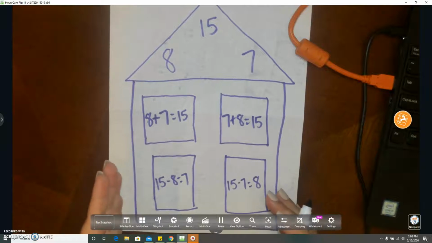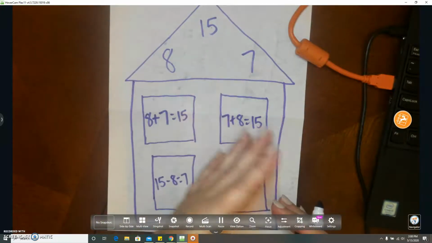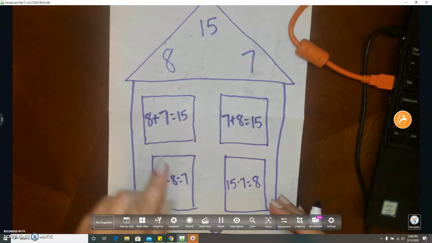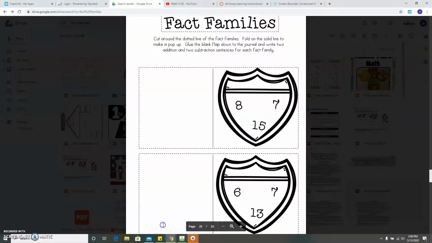So what I want you to do is take a paper, any paper, ask your mom, draw the house, and I want you to use, let me show you what I want you to use. I want you to use 6, 7, and 13. Okay, those are the numbers I want you to use.